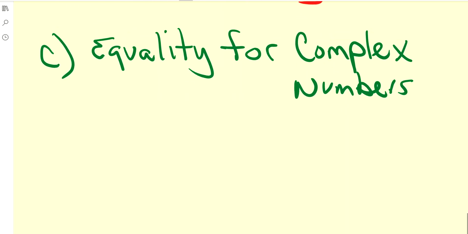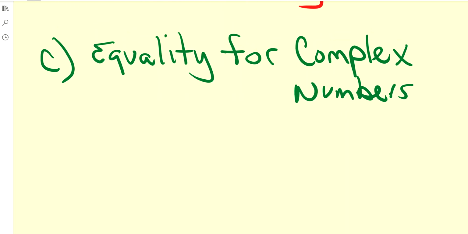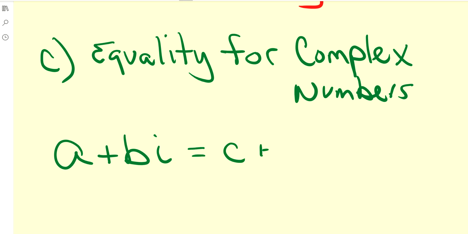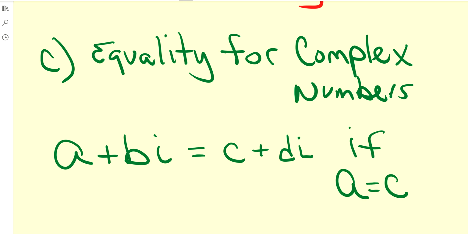Well, I'm going to write out our expressions and get them in next to each other. So it would be a plus bi, and that's to emphasize what we're talking about here. a plus bi will equal c plus di if and only if a equals c and b equals d.